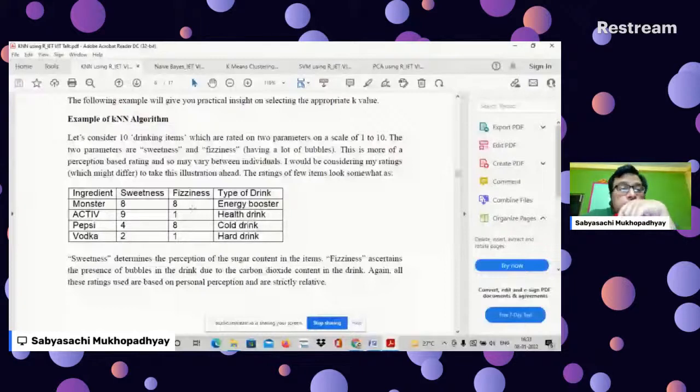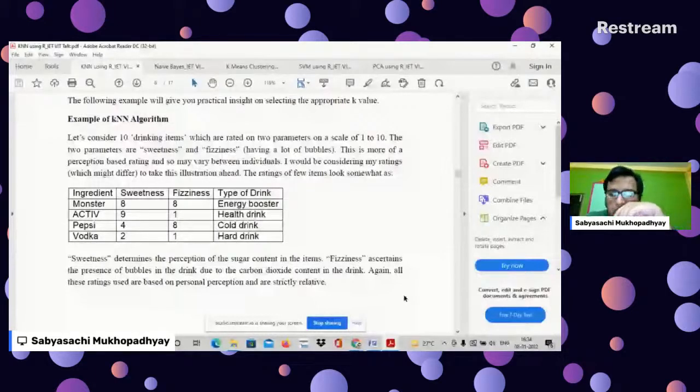Sweetness is understandable, and fizziness means a lot of bubbles. On the basis of the presence of bubbles, you rate it 1 to 10. Sweetness determines the perception of the sugar content in that particular item, and fizziness gives you the presence of bubbles in the drink due to the carbon dioxide content. All of you know that.